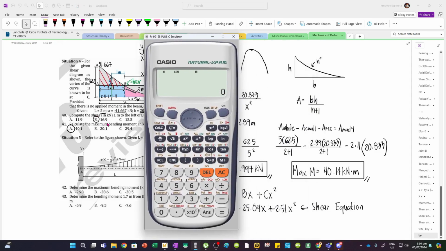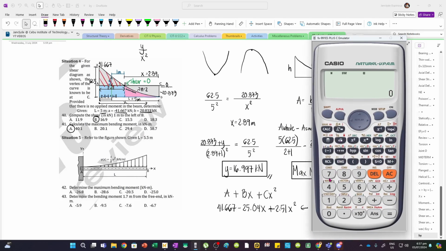So we have 41.667 minus 25.04 x plus 2.51 x squared. Let's set this to 0. Press calc, and then x must be 1.11. So we have 16.965, which is letter B. Again, what calc does is it substitutes the value of x that you have inputted.